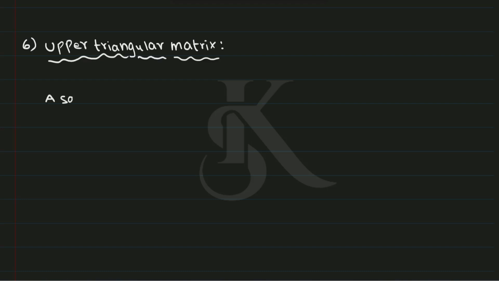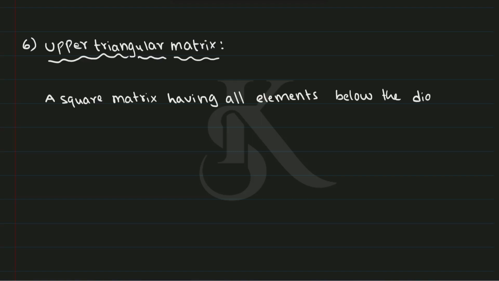A square matrix having all elements below the diagonal elements equal to 0.